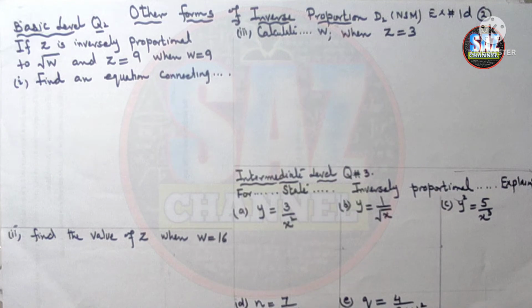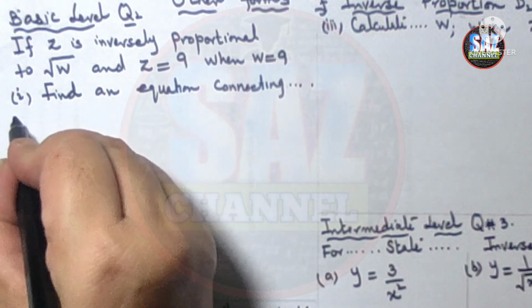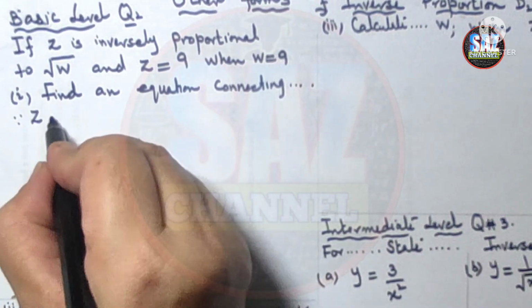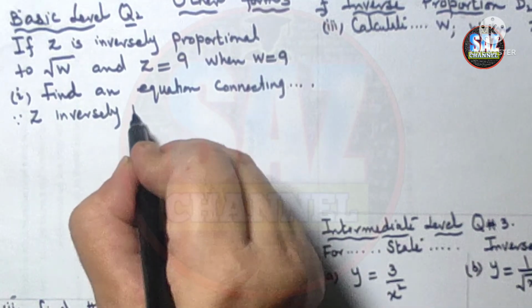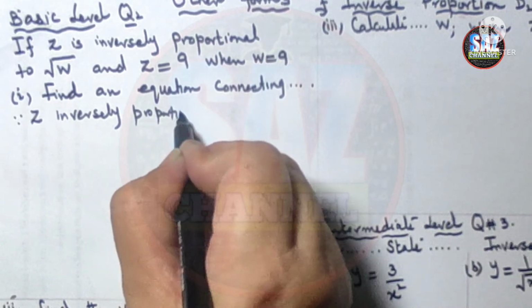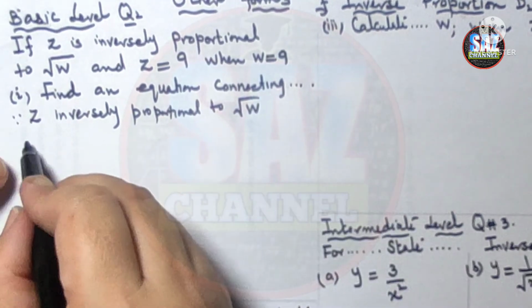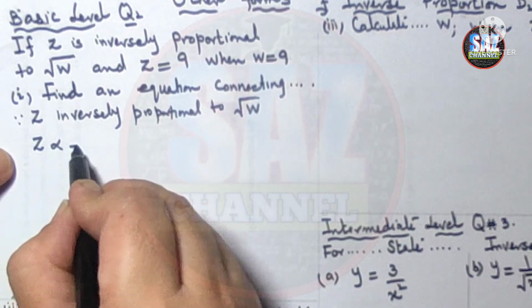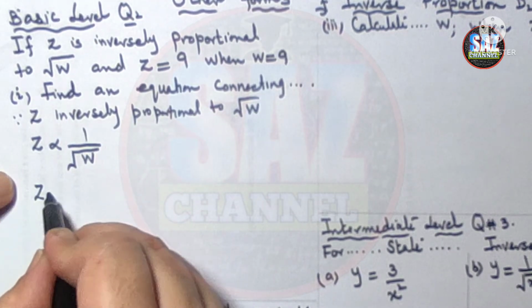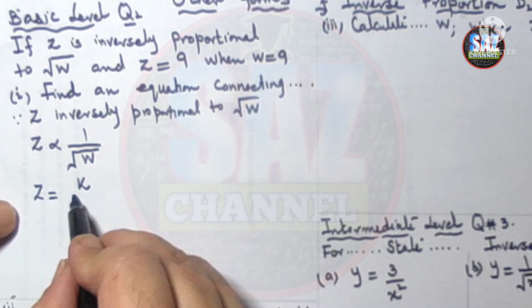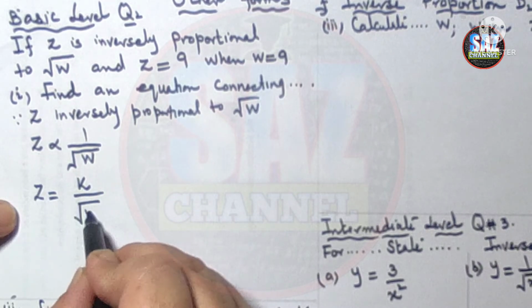So let's discuss each part one by one. Because z is inversely proportional to square root w, z is inversely proportional to 1 over square root w. When we remove this proportionality sign, we have to put an equal sign and k, which is the constant of variation: z equals k over square root w.